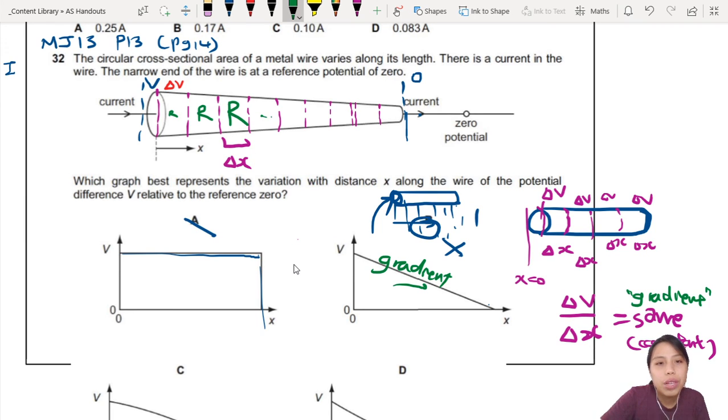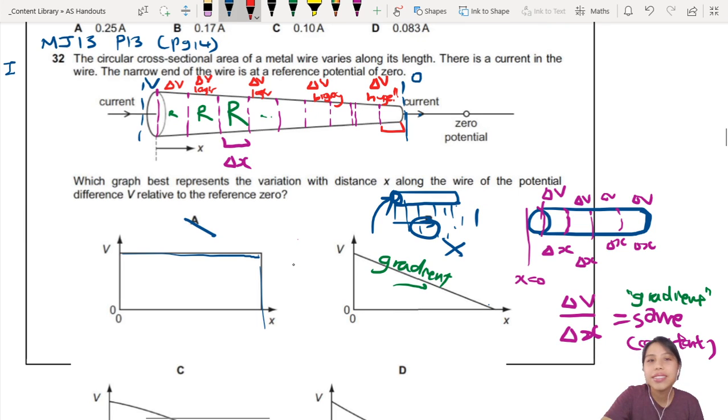So each time your change in V will be a little larger, then very big, then here it is huge. This change in V is for each section. So in summary, your change in V for each tiny little length is increasing.